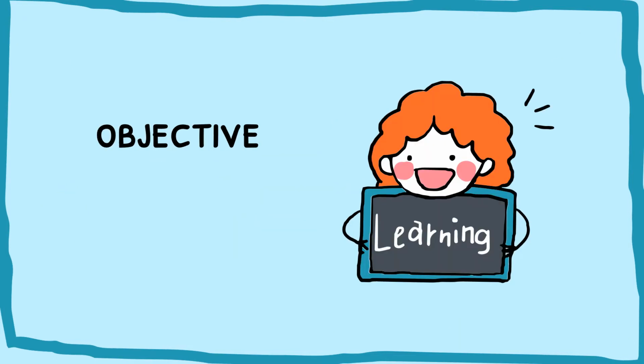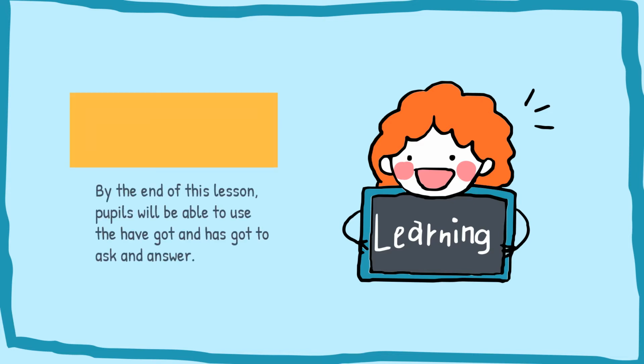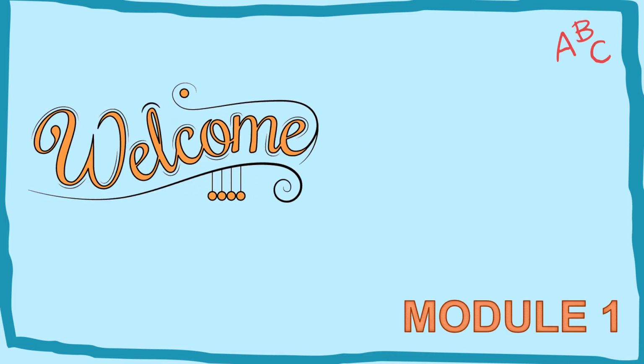Alright, let's start. For today we are going to learn something new, but continue from last week's topic. The objective for today is, by the end of this lesson, pupils will be able to use have got and has got to ask and answer questions.